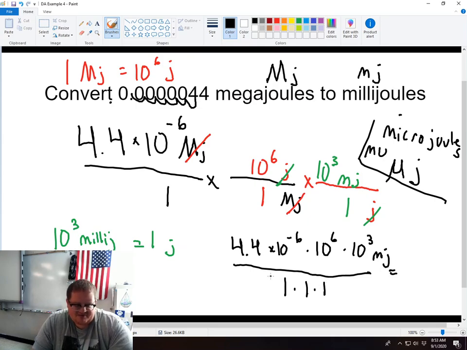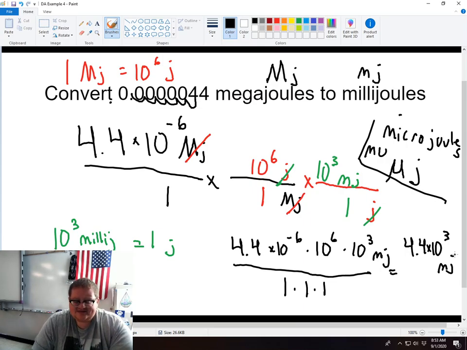The bottom doesn't matter. All the units on the bottom canceled, and all the numbers are just 1, so we're just going to look at the top. To find this answer, we use our rules for multiplying powers of 10. We add the exponents. Negative 6 plus 6 is 0, plus 3 is positive 3 millijoules.